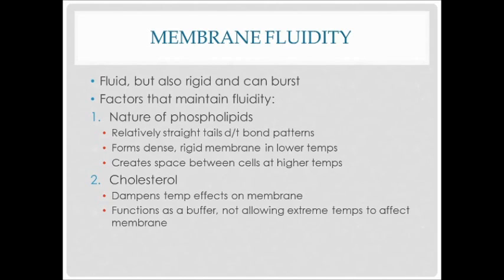The straight tails of the phospholipids form dense, rigid membranes in lower temperatures, and the kinked tails create space between cells at higher temperatures. With cholesterol, it will dampen the temperature effects on membranes and function as a buffer so that extreme temperatures do not affect the membrane. Of course, this is only to certain extremes. Past physiologically possible temperatures for humans or animals, those cell membranes will end up freezing or bursting depending on the conditions.